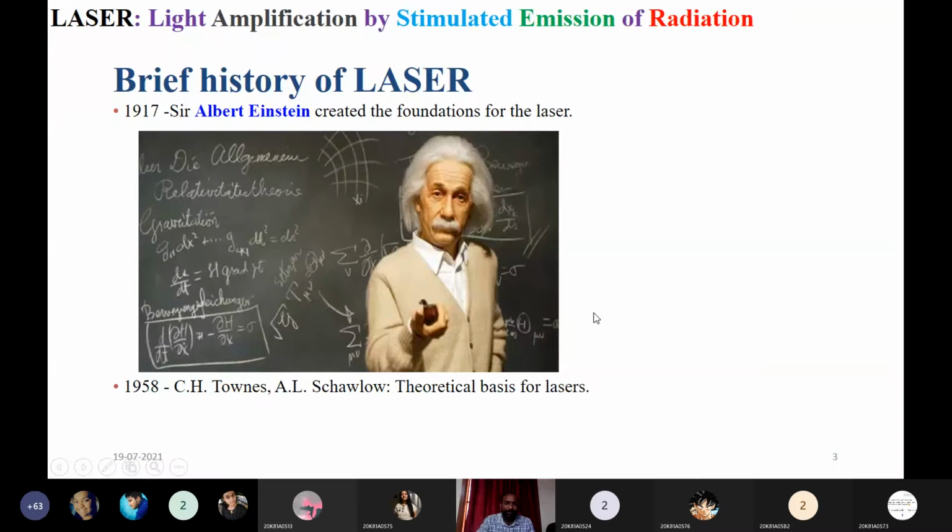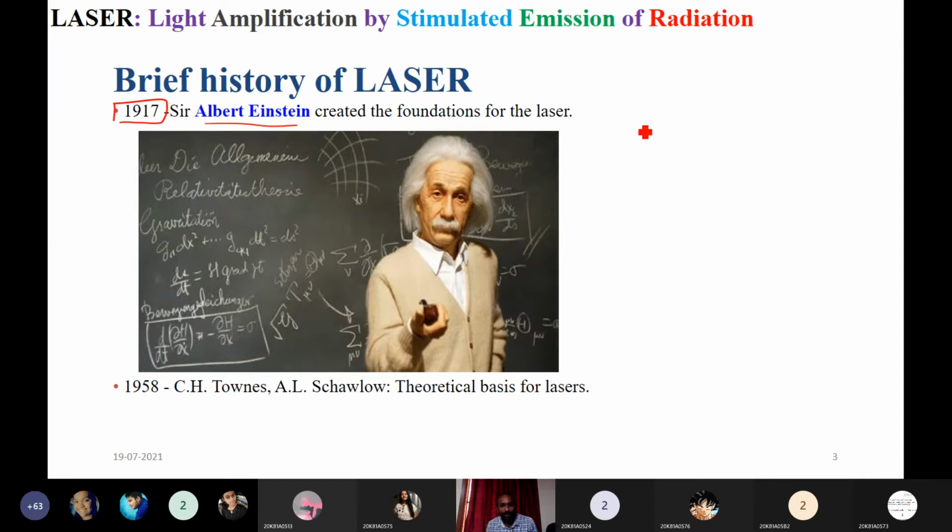So here is the amplified light. We are getting the laser beam, that is, high intensity light. In 1917, Albert Einstein put the foundation for the laser beam.